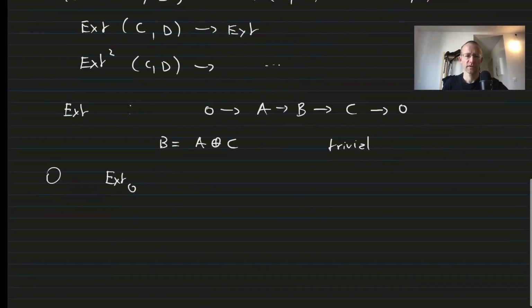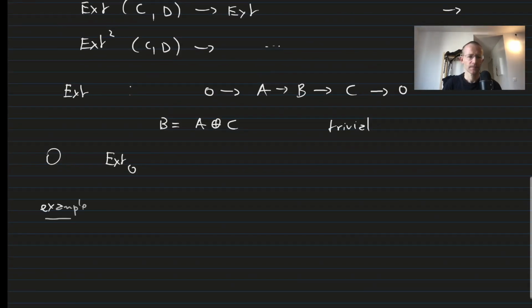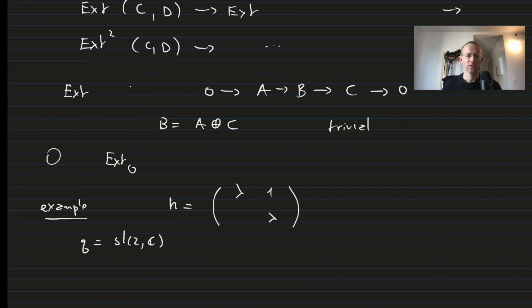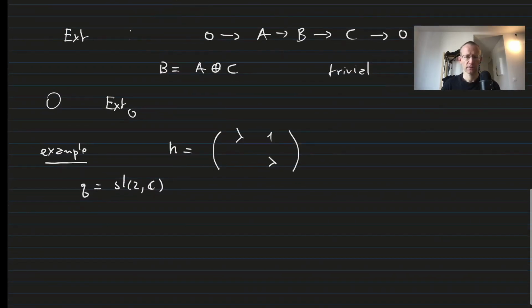The importance of this is clear from the following example. If we build a representation with a highest weight state on which H of SL2C, we take the example of the semisimple Lie group SL2C, we take H the Cartan generator, we have it act by lambda on two highest weight states, then actually this generates a highest weight representation in which we can embed the Verma module M lambda.